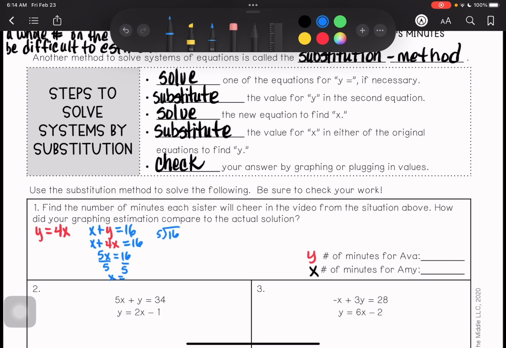So we can find the value. That goes in 3 times. 3 times 5 is 15. Subtract, you get 1. Add your decimal, bring it up. Bring down your 0.